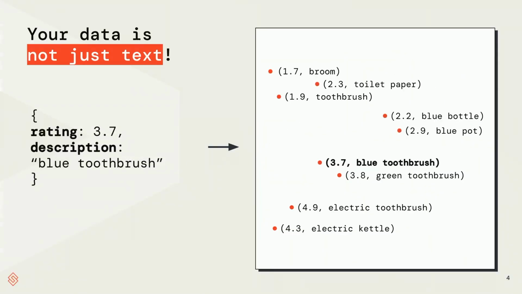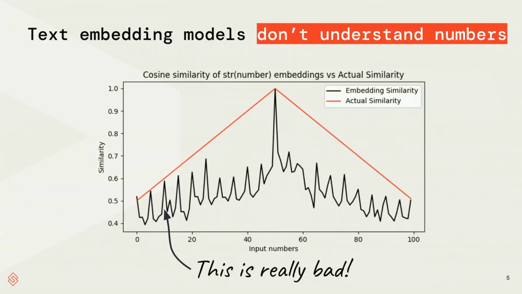I don't have to tell you what embeddings are, but basically, what if your data is not just text, because it isn't, right? So you have some object with some rating and description. Wouldn't it be cool to have some way to make vectors that somehow encode the numbers, let's say, and the text in a way that is kind of reasonable? So not by stringifying the number and encoding it with a language encoder that treats it as text tokens.